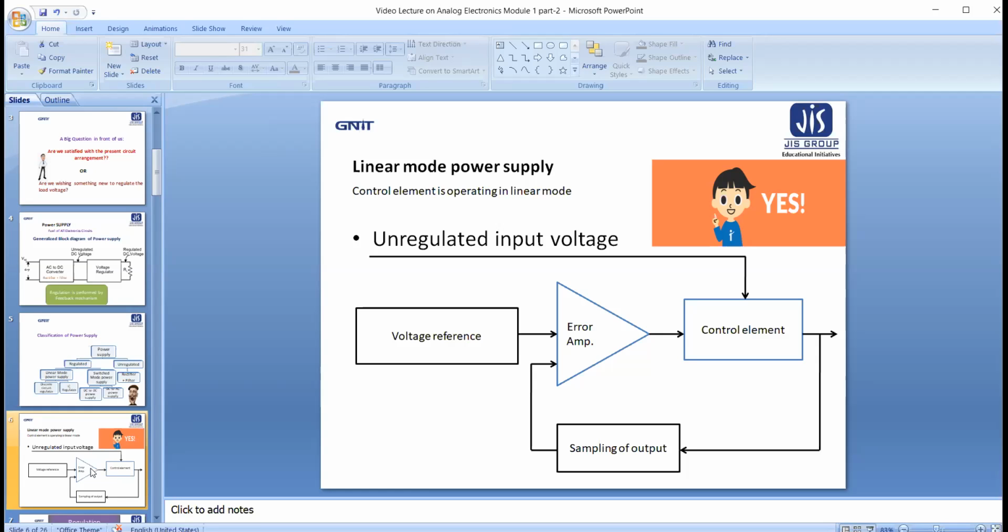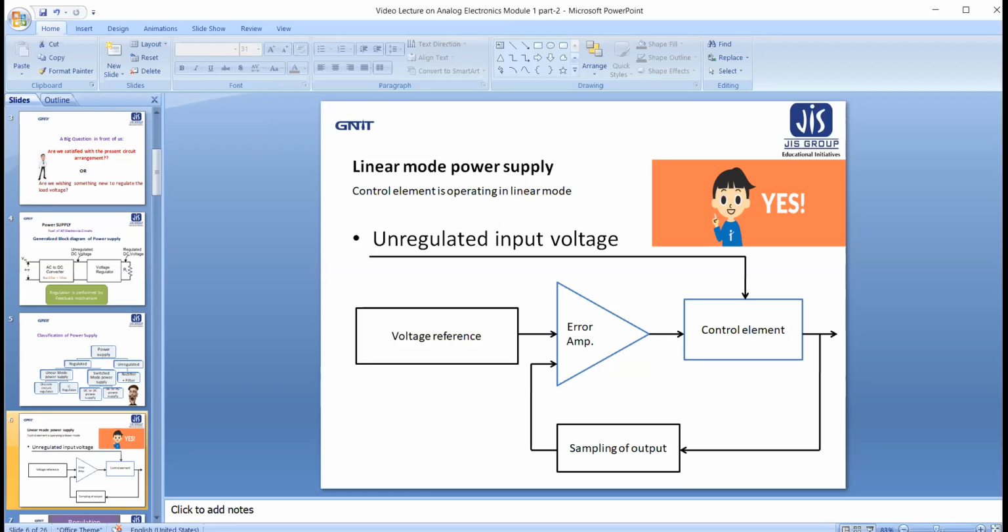We will discuss in more detail these control elements and their functionality in the circuit. So again, I am reiterating that linear mode power supply is the type of power supply where the control element or the active device operates in the linear region of its characteristics.